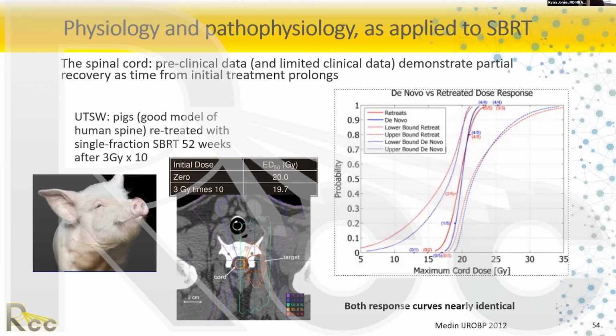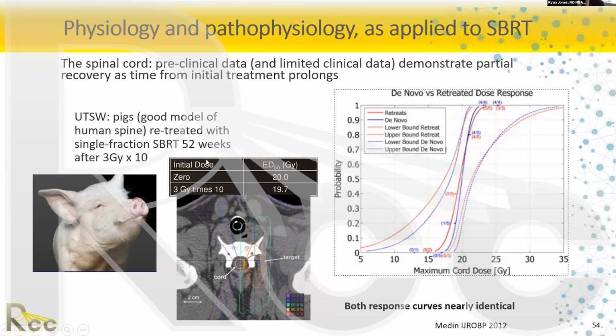In one of his more famous papers, they took pigs and treated them up front with their first treatment course to learn what the spinal cord could tolerate in the first, so-called de novo, treatment. And they plotted out this tolerance, treating a target planned laterally. So they were trying to just kiss the spinal cord with the 90 gray isodose line, having 50% midway through and 10% just at the opposite edge.